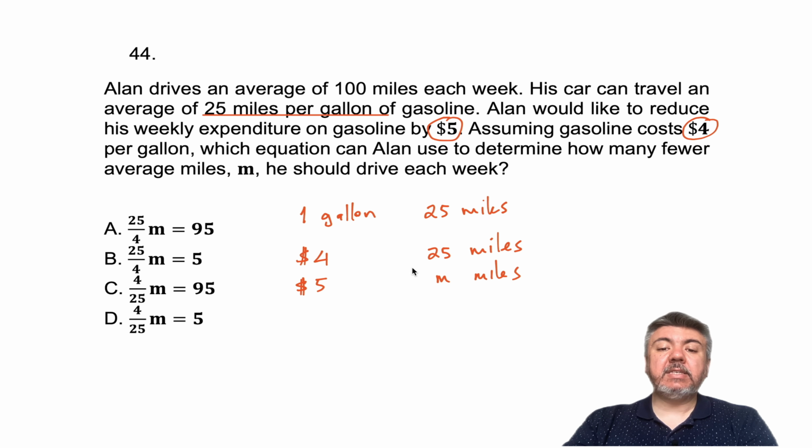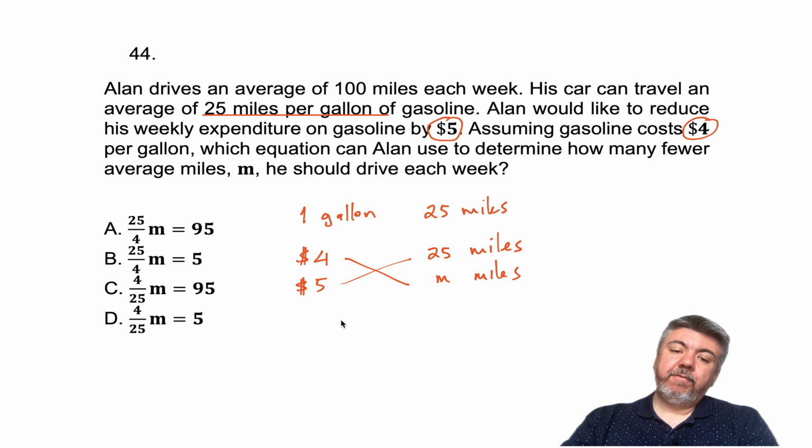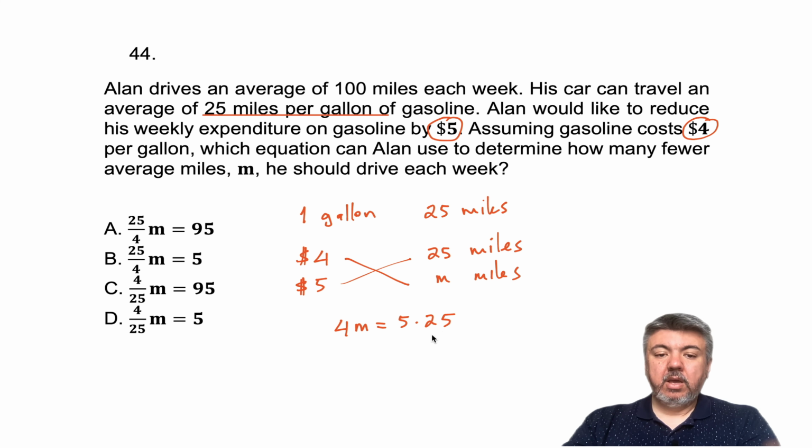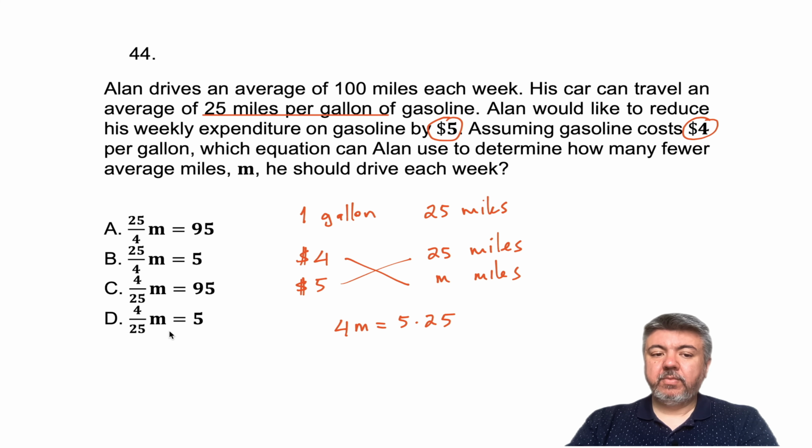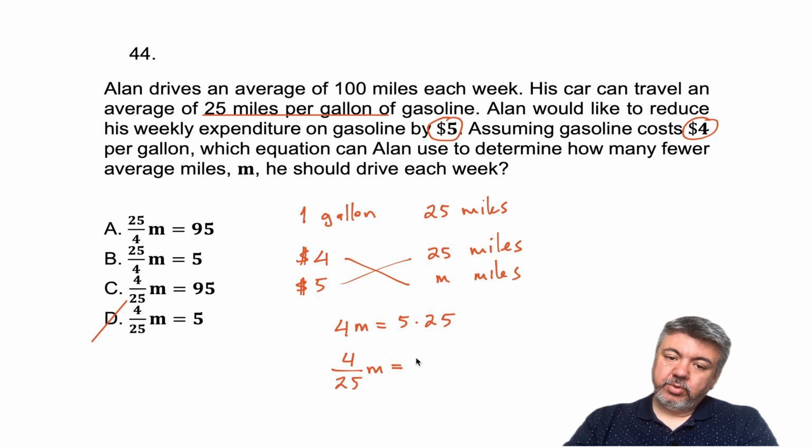So how many fewer miles? m. So it's going to be like this: 4m equals 5 times 25. Where can I see this? 4m, 5 times 25 is in choice D. Like 4 over 25 m equals 5. That's going to work.